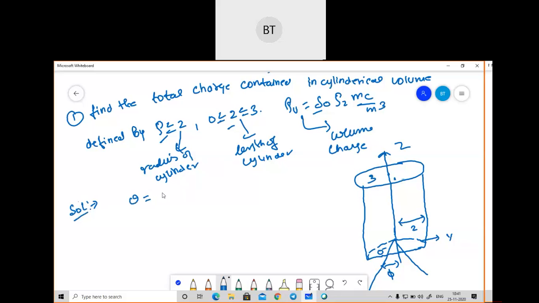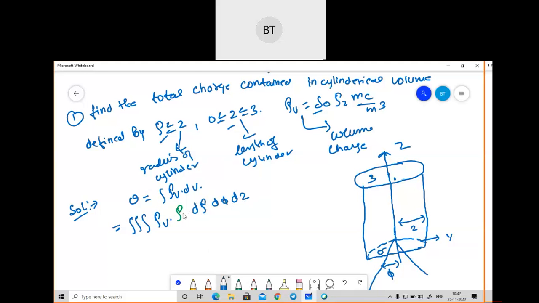Q should be equal to the integral of rho v into dv. For a cylinder we have to multiply an extra rho. So I'll put the limits like this, and I'll write here rho v, and since it is a cylinder, I have to apply an extra rho, so I'll write here the extra rho, and after this I'll write d rho, d phi, dz.